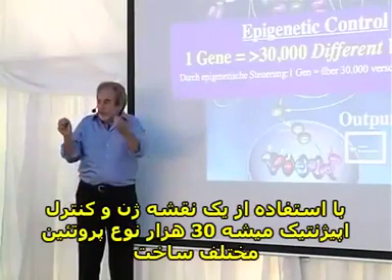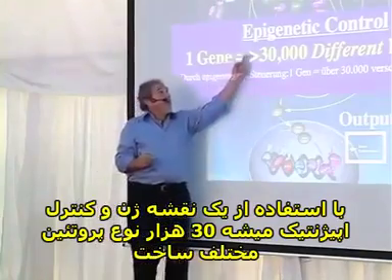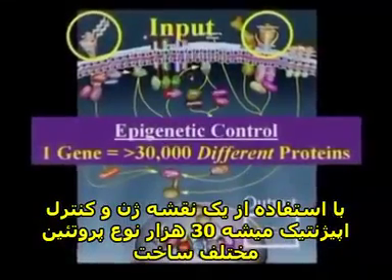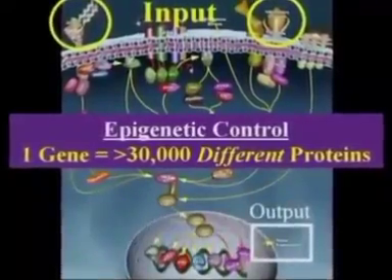One gene blueprint, using epigenetic control, can make 30,000 different proteins from one blueprint.